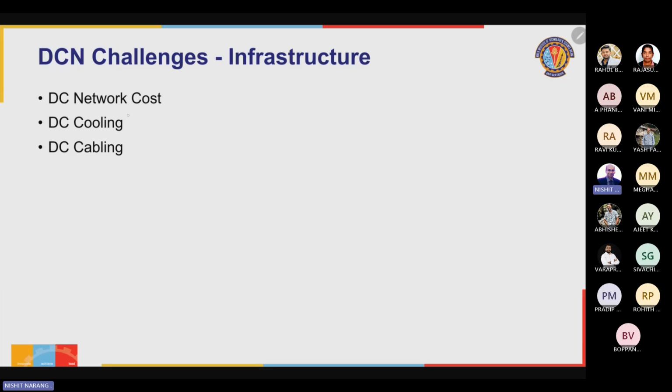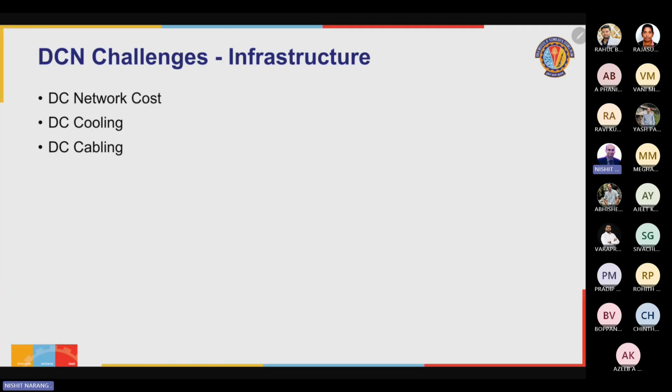Also, the cooling has to be designed in a fashion where, with thousands of servers running, the heat produced is enormous, and the cooling has to be planned. The cabling has to be done in a very planned manner, because when you connect thousands of servers together, you don't want the cables to be just hanging around. So cabling is a very important factor in a data center network.